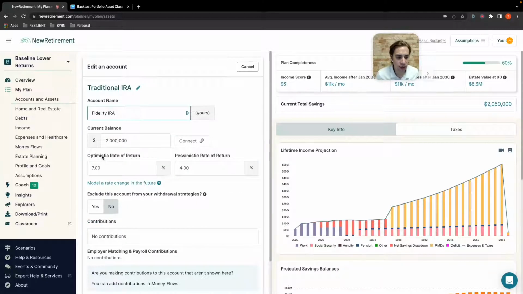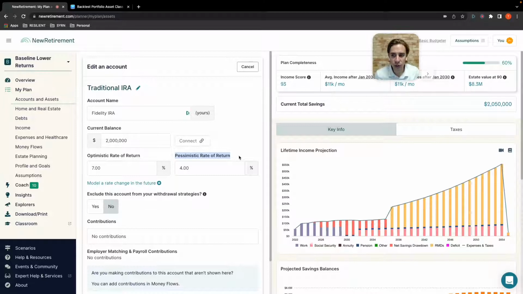You have the choice to plug in an optimistic rate of return and a pessimistic rate of return. Now, you can really plug in anything, but you probably should plug in numbers that actually make sense based on how you're currently invested and what your current asset allocation is, right?